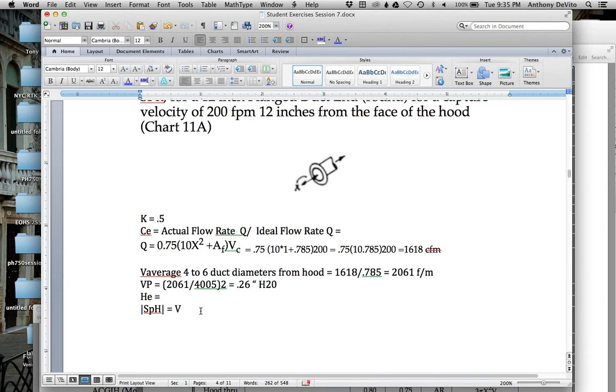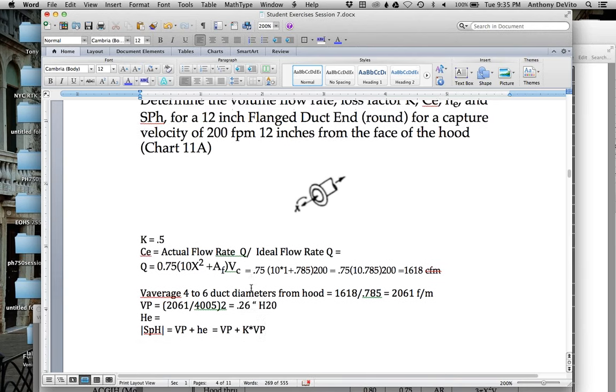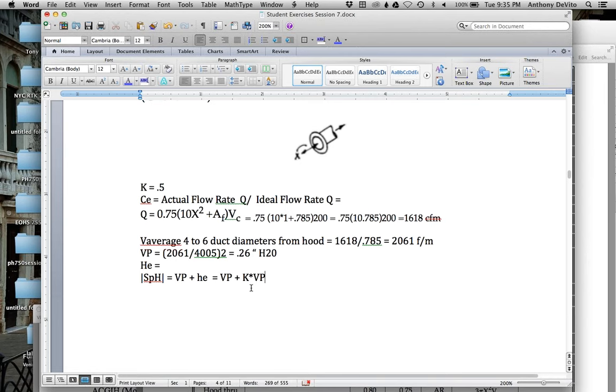It's going to be equal to the velocity pressure plus whatever we're losing from the hood entry losses. So that's equal to the velocity pressure plus some K times the velocity pressure. And what's our K for this specific hood? 0.5?